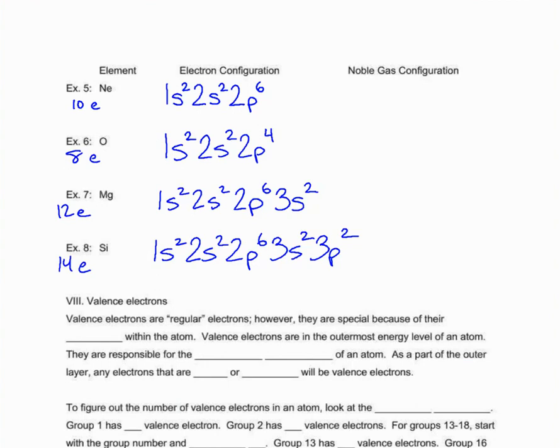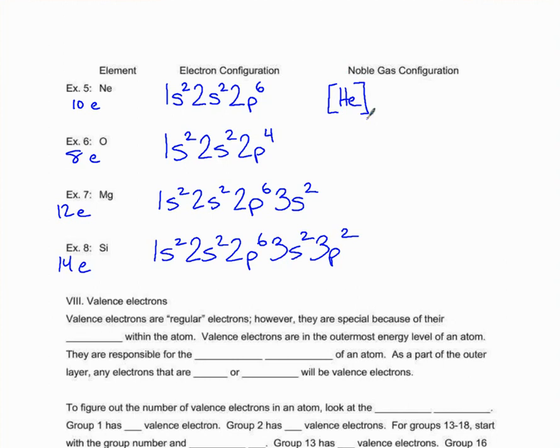For neon, we want to find the next smallest noble gas. So we look up one period and all the way to the right, and that would be represented by helium. Helium is the next smallest noble gas. Now, if we put helium in brackets, in this context, this represents the electron configuration of helium.